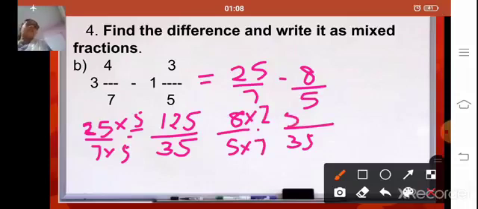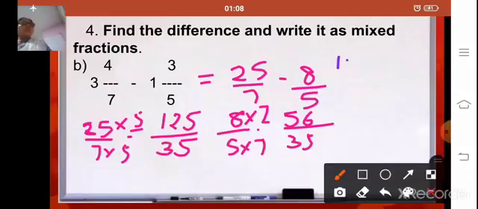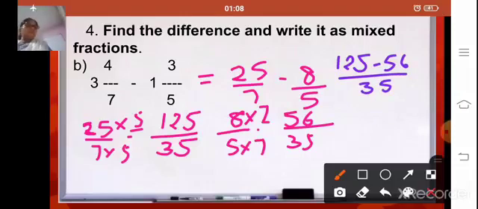7 8s is 56. Now subtract 125 minus 56 upon 35. So that will give you 67 upon 35.